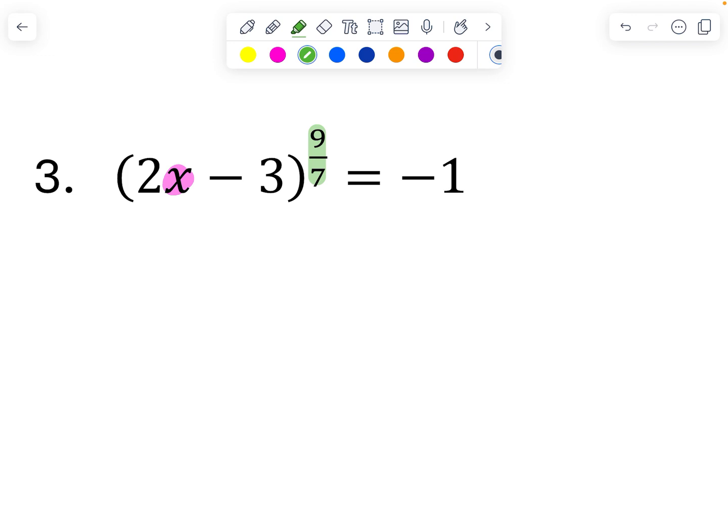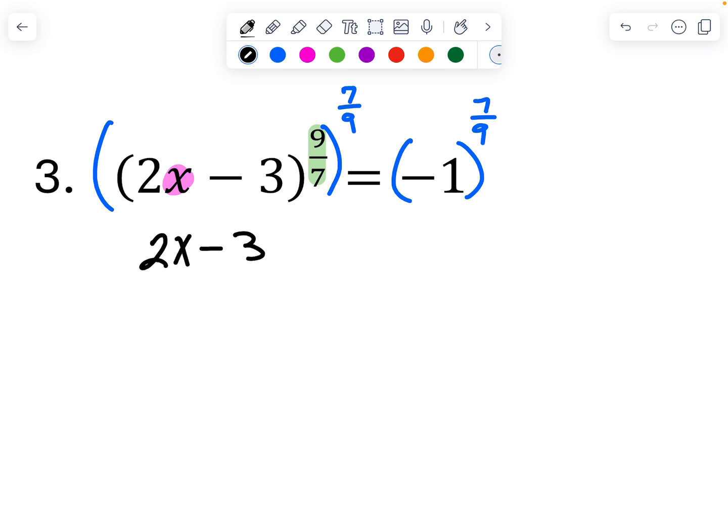So we have to get rid of the parenthesis. And the way we're going to get rid of the parenthesis is we are going to raise this side of the problem to 7/9. And if you do that, then you have 2x minus 3 is equal to -1.